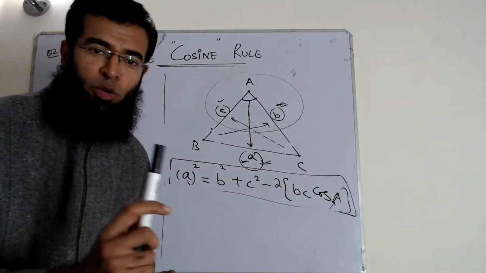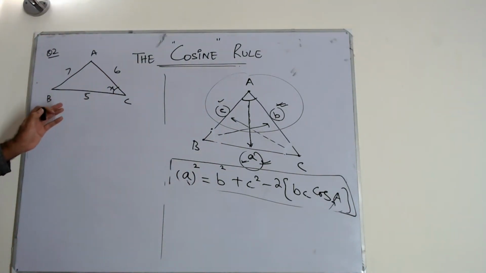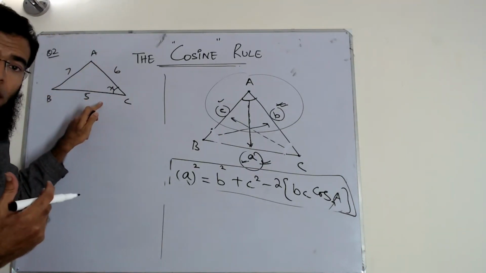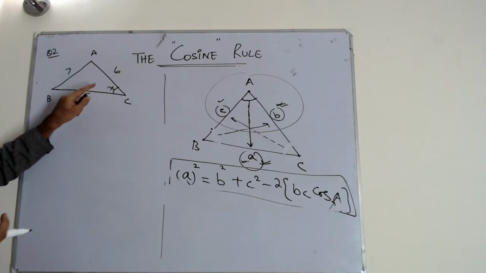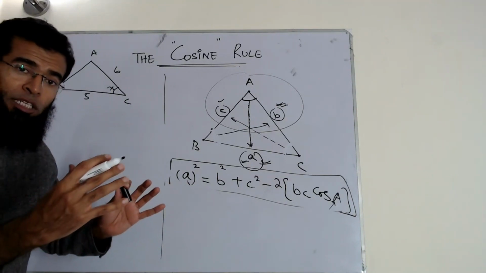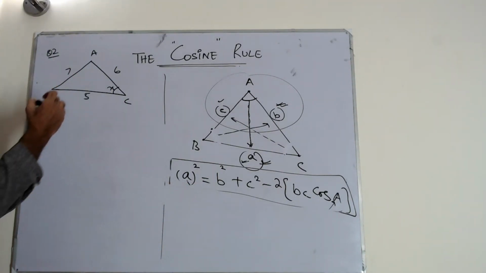Right, let's look into question number 2. If you look at this question, again, all 3 sides of a triangle are involved, and you have to find an angle x. So you cannot apply the sine rule. We'll apply the cosine rule where all the 3 lengths are involved, right?